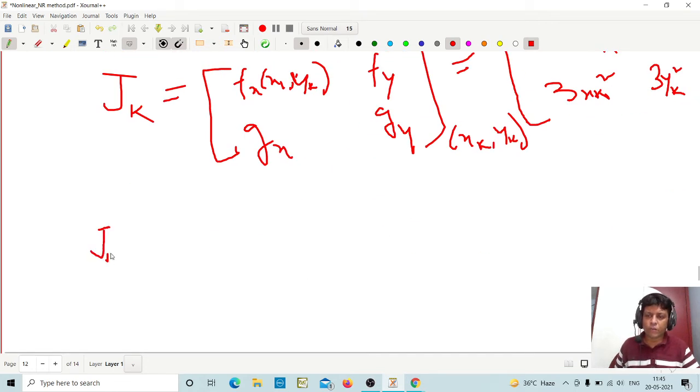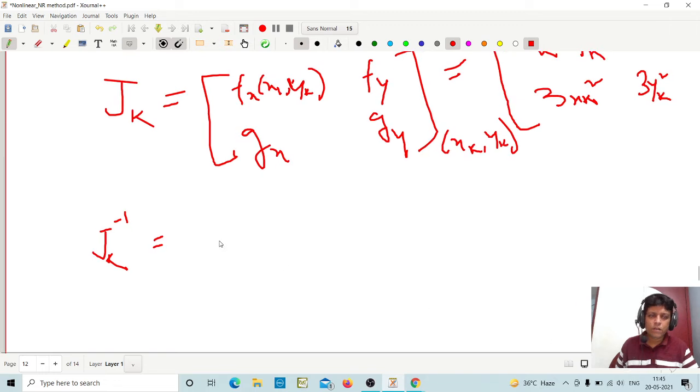So the inverse of the matrix is 1 by dk, the determinant, okay, 3yk square. You can calculate that by adjoint and all that.